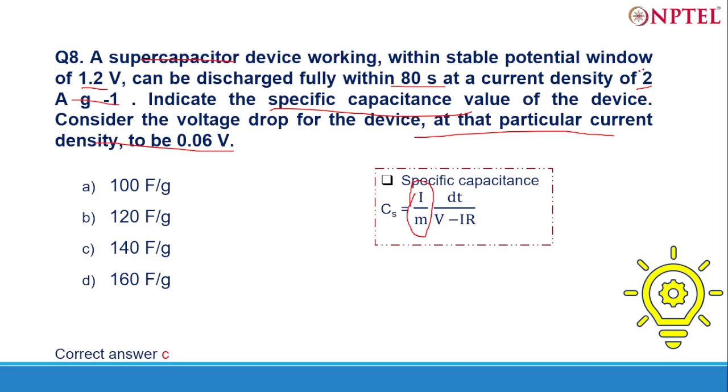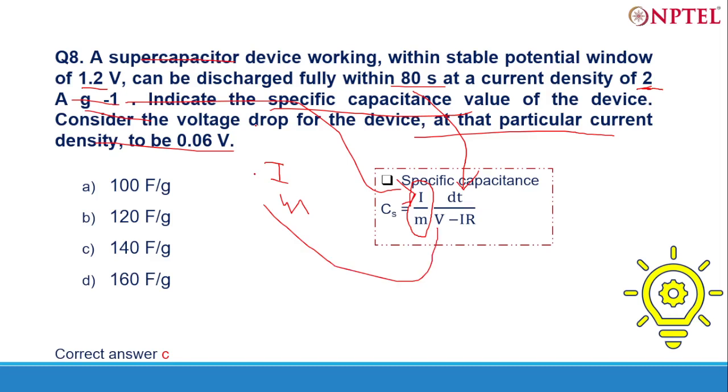That is given here. If it is not given, and you are given I and m, then put those values here. But here the current density of 2 ampere per gram is given, so you directly put it here. dt, the discharging time, is 80 seconds.